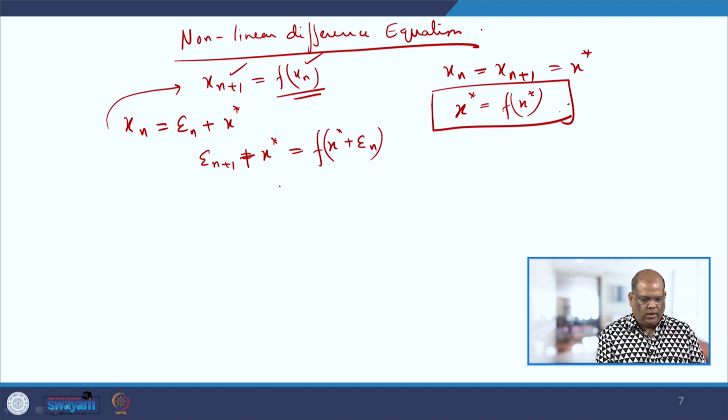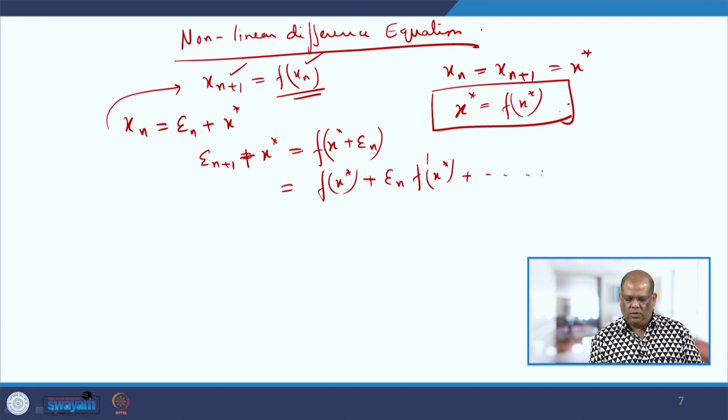By Taylor series expansion, this is equal to f of x star plus epsilon n f dash x star plus higher order terms. We keep up to the first order.